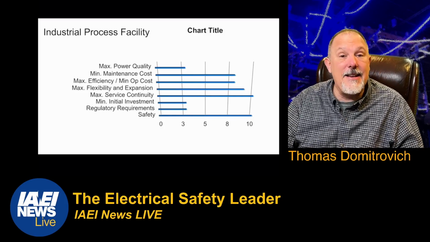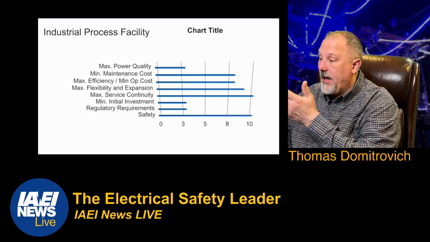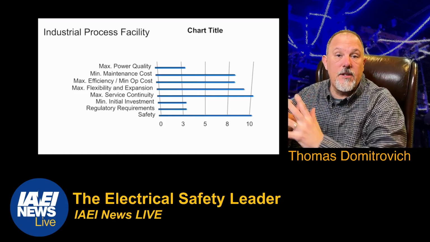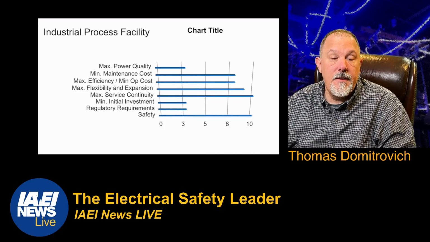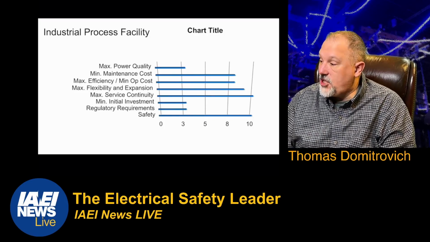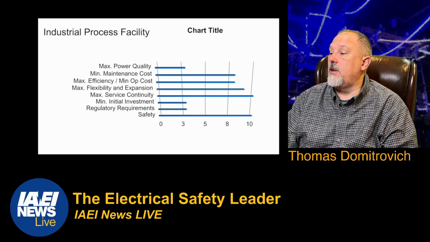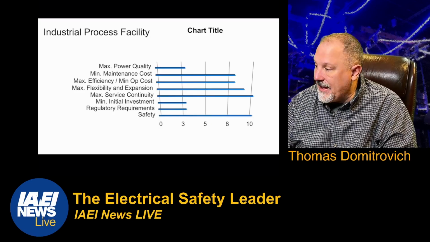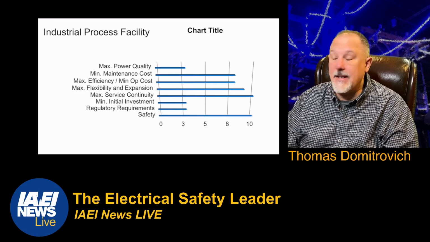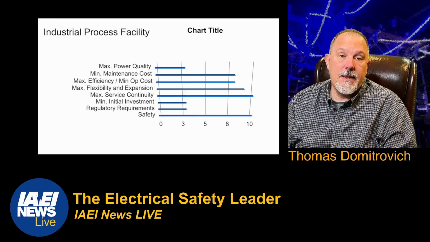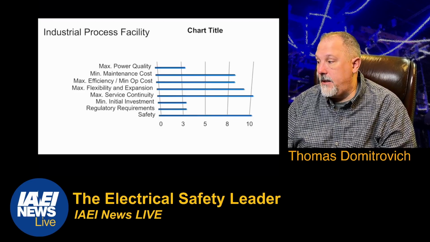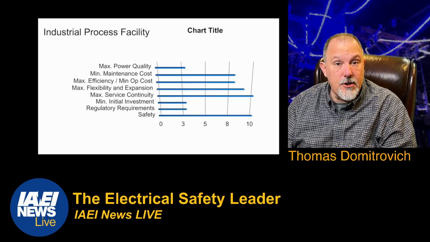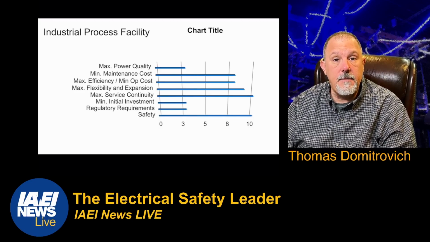So they recognize that everything they want is going to cost them money. They recognize that to achieve their goals of minimum operational costs, minimum maintenance, maximum service continuity, and safety, and future expansion, that's an investment in the infrastructure of their facility.